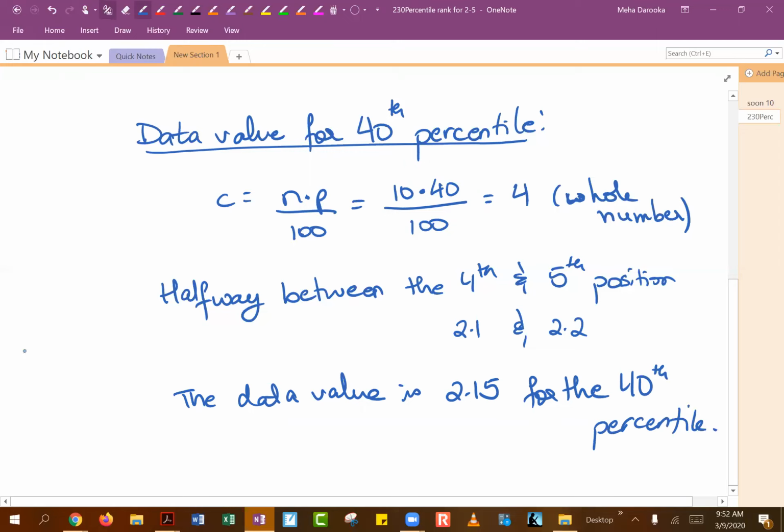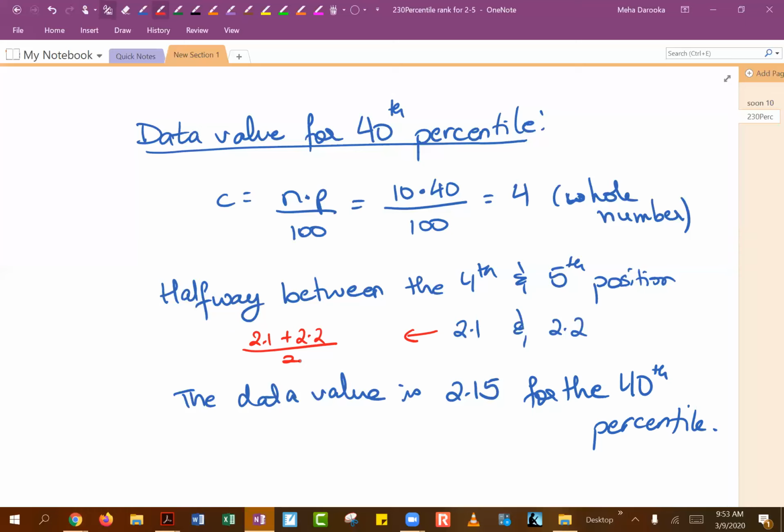Again, basically, like I said, let's do that in red. Add the 2, divide by 2 to find your data value. So 2.15 would correspond to the 40th percentile.